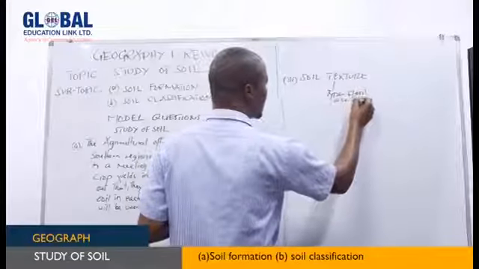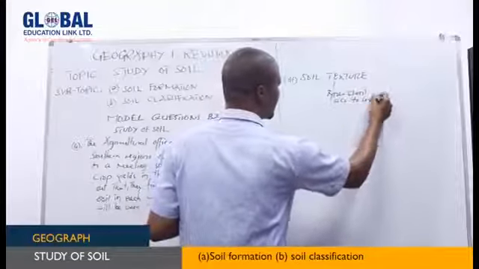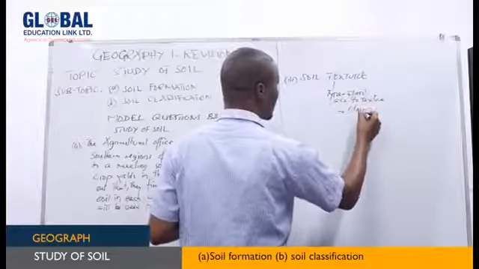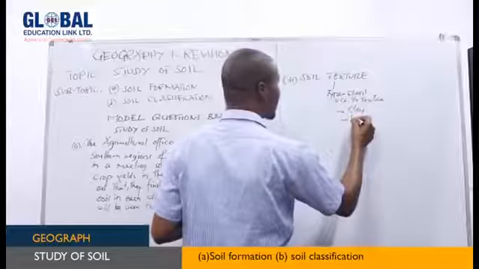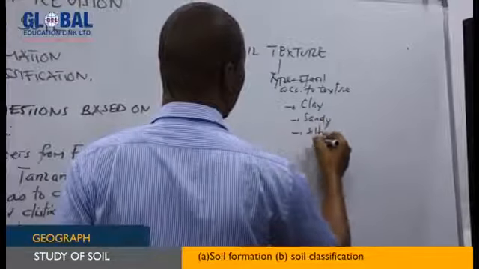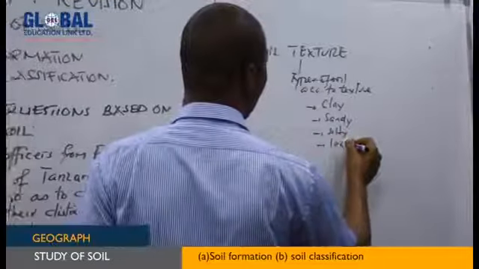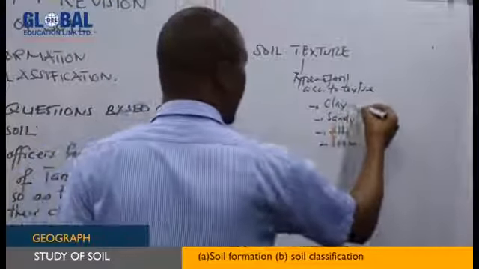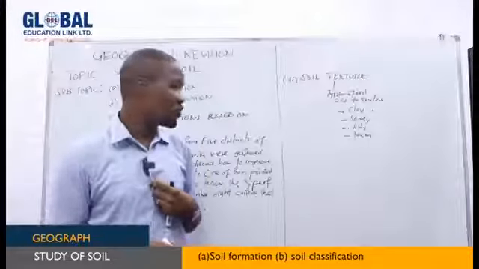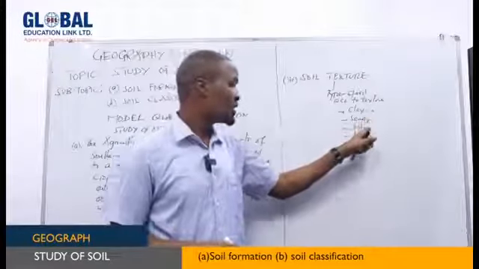So types of soil according to texture, we have the clay soil, then the sandy soil, then the silty soil, then the loam. Clay soil is a soil texture with very fine particles, followed by sand, silt, and loam.